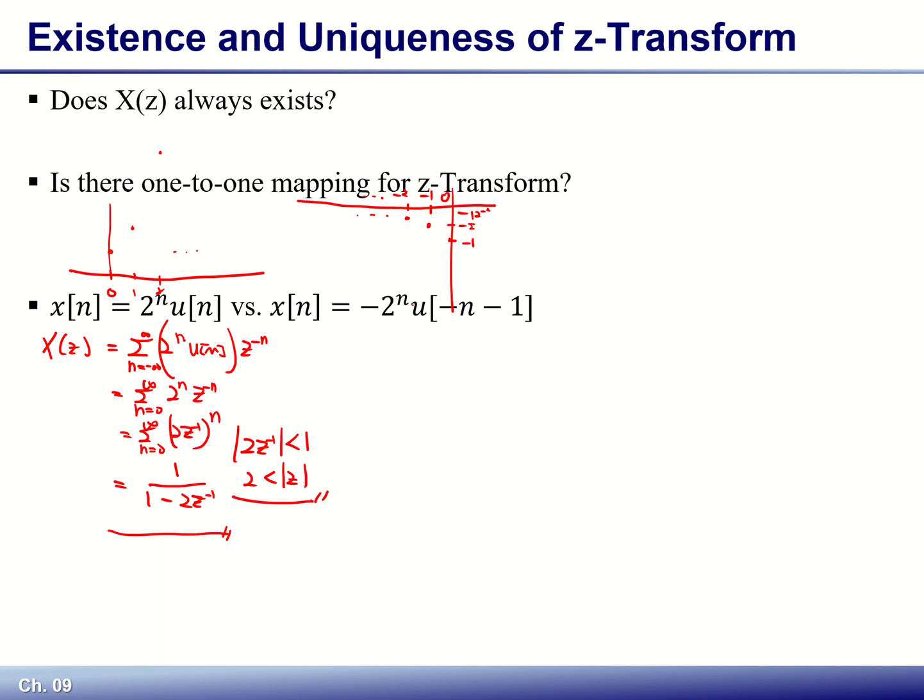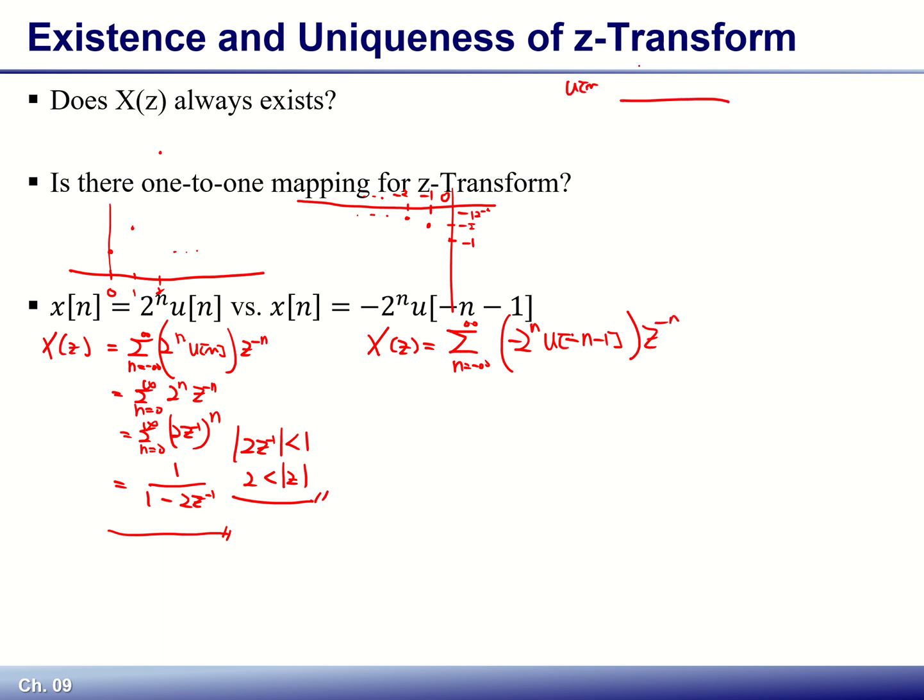What about this? X(z), the second one, is the sum over n from minus infinity to infinity of minus 2 to the n u[minus n minus 1] z to the minus n.